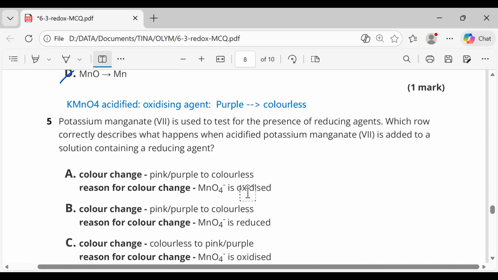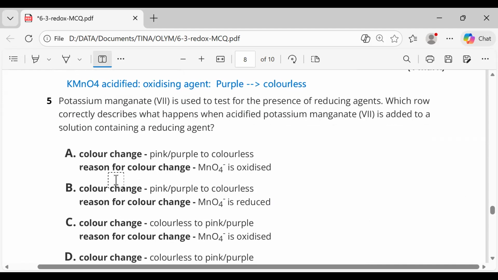So what correctly describes what happens to it when reacting with a reducing agent? The color change is purple to colorless. The reason for the change is that it is reduced, because the oxidizing agent is reduced. Get it?